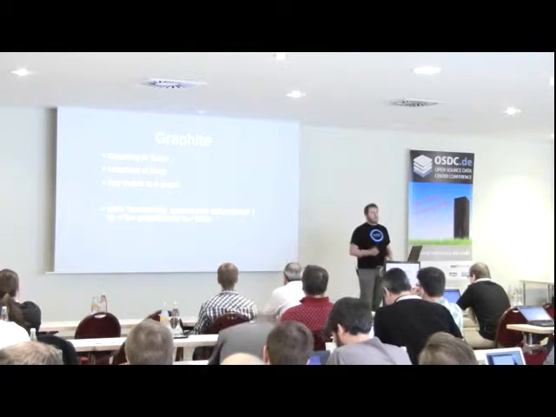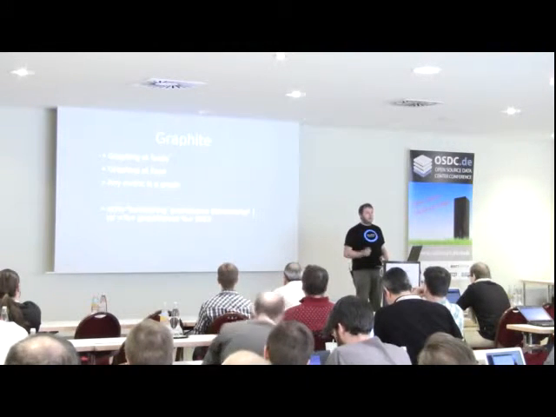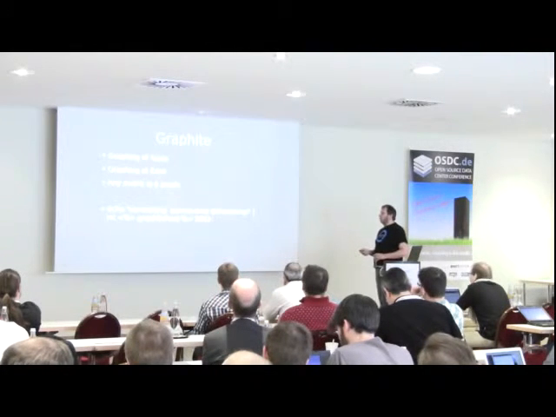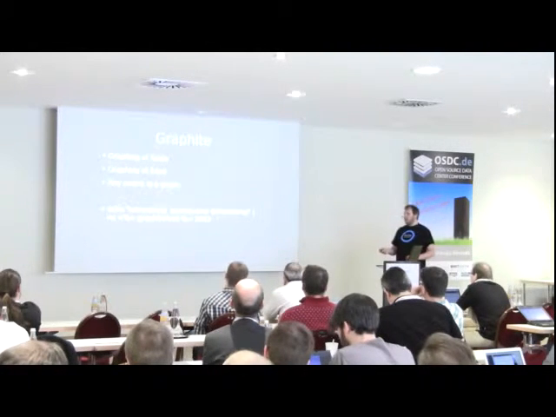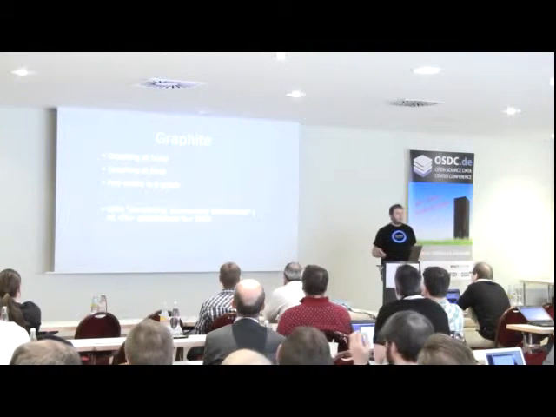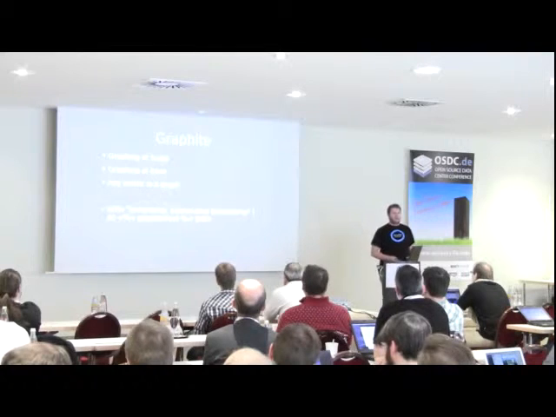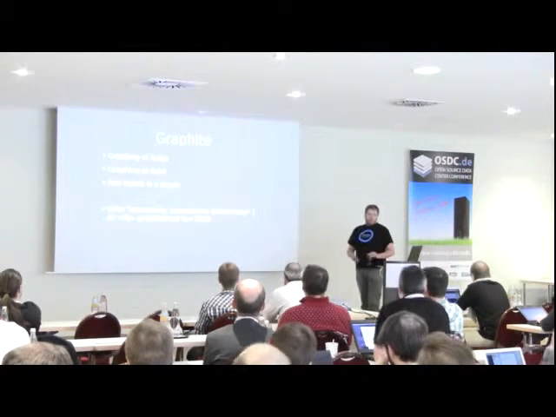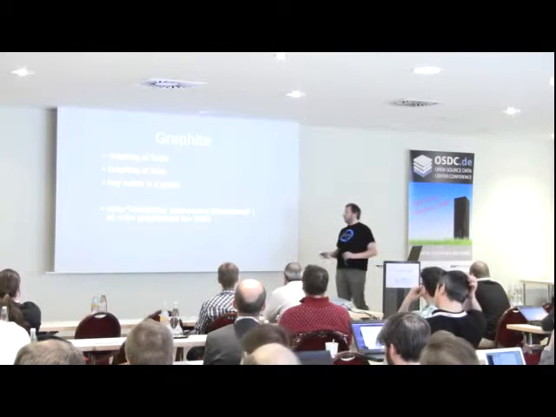Anything you can think of that is a key-value pair is something you can graph. It's as easy as echoing some string with a value and a timestamp, piping it to Netcat, and sending it to port 2003 on your Graphite host, and you've got a graph. You do two of them, that's it. And it's so fun to play with.